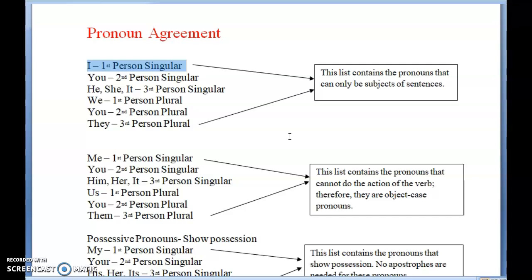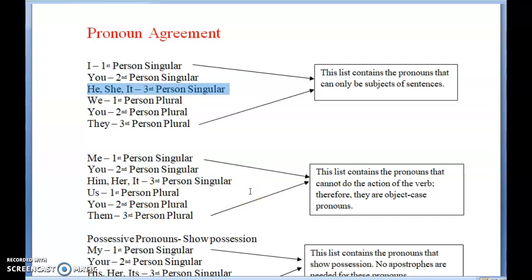And just for future reference, the majority of the essays that you're going to write in English 101 will be in third person point of view, singular and plural. Okay? For the diagnostic essay, you're using first person singular and plural, using object case pronouns.